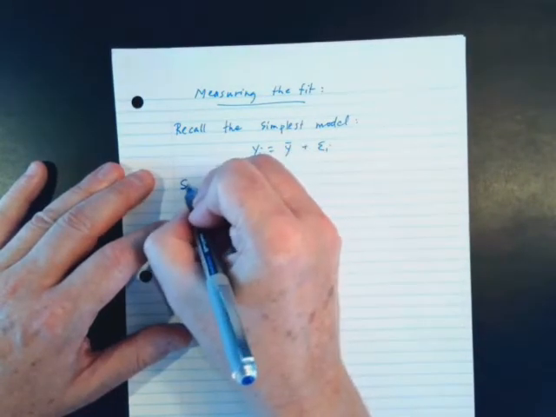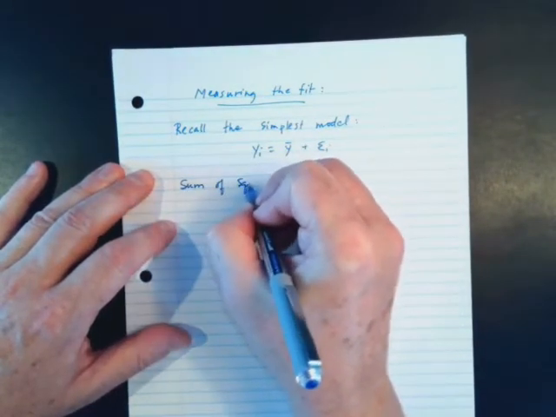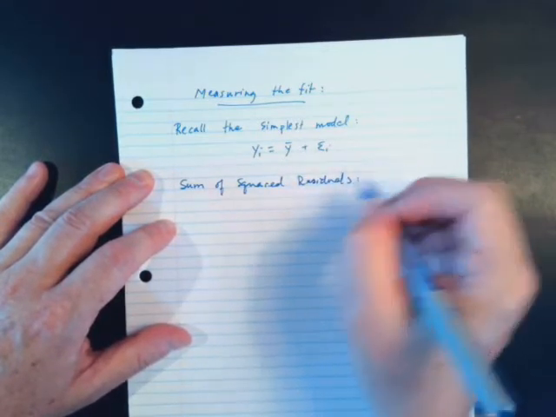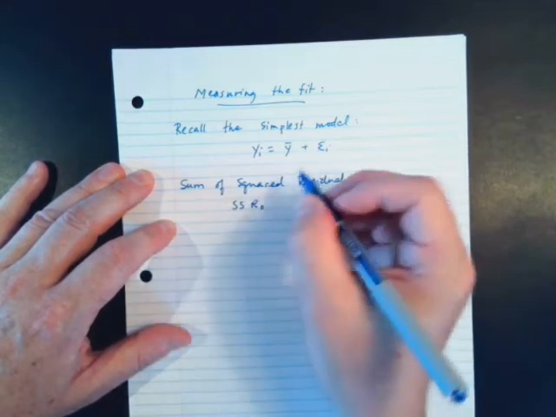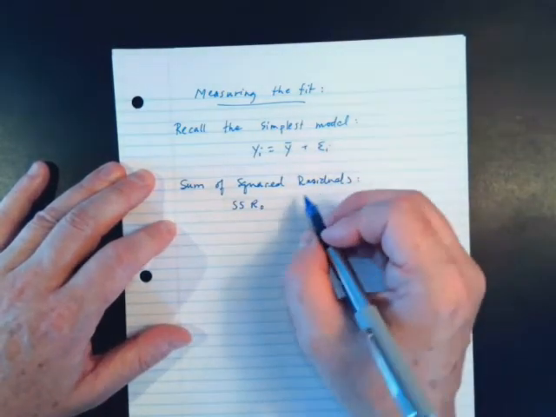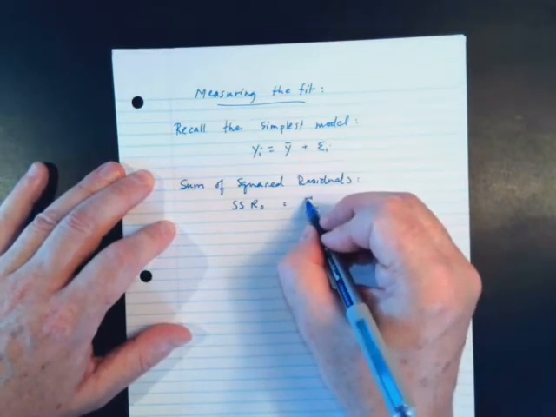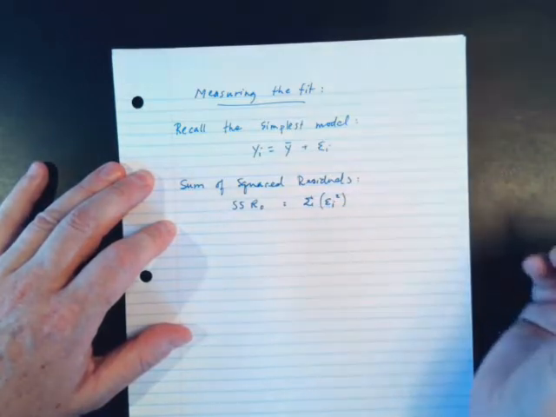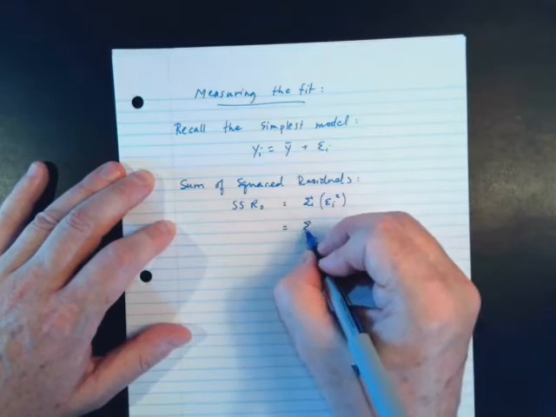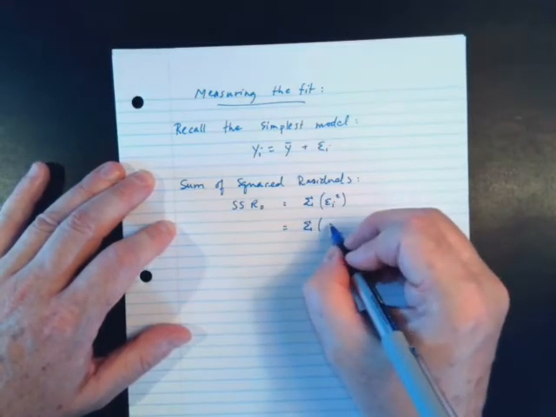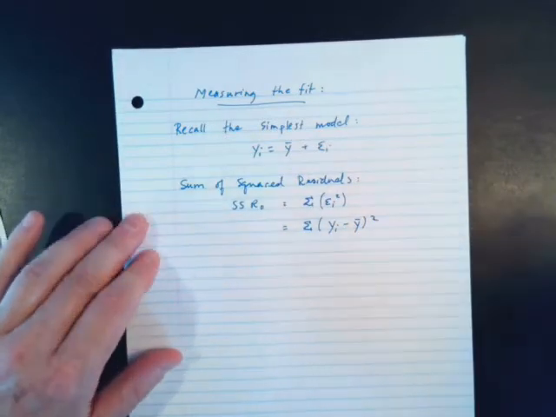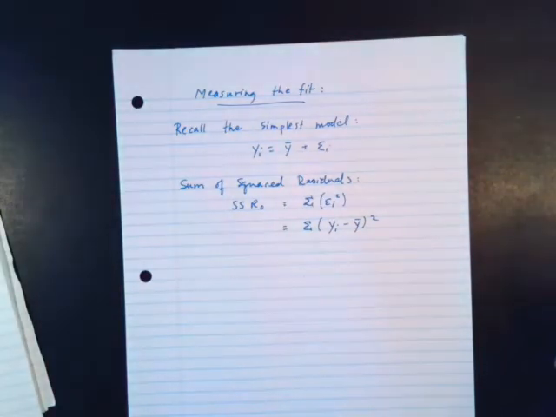The sum of the squared residuals in this case, we'll call that SSR0, with a 0 subscript, would be the sum of yi minus y bar squared. Okay, so the basic sum of the squared residuals.